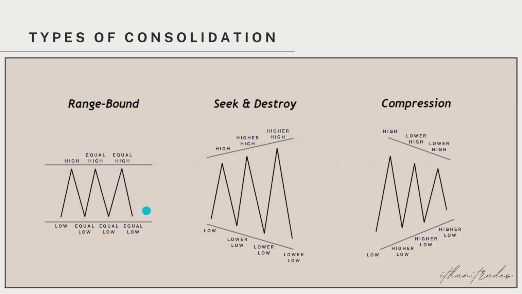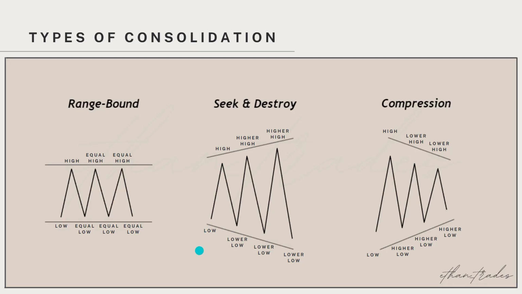In a seek and destroy condition, we call this seek and destroy because people that sell at this high right here, their stop loss is going to be taken out on the next higher high. So they actually lose money, they get stopped out of the market once this high is taken out, right?